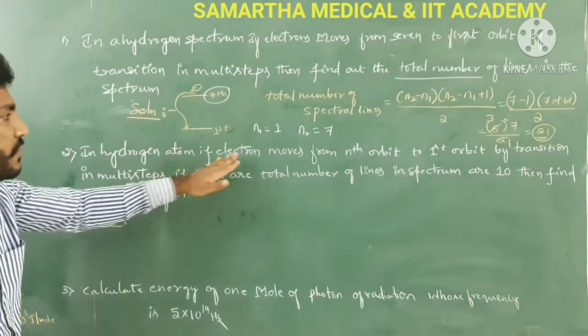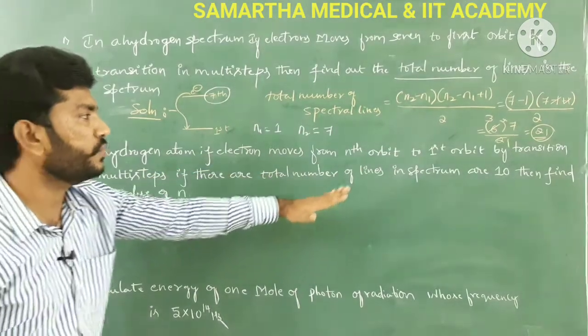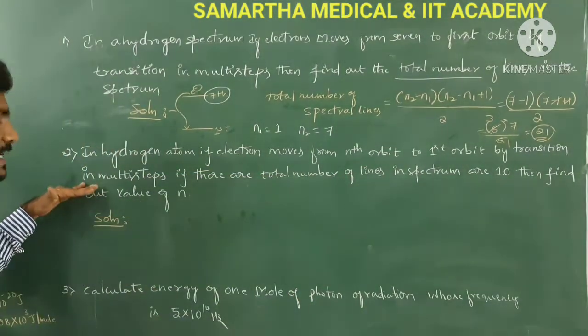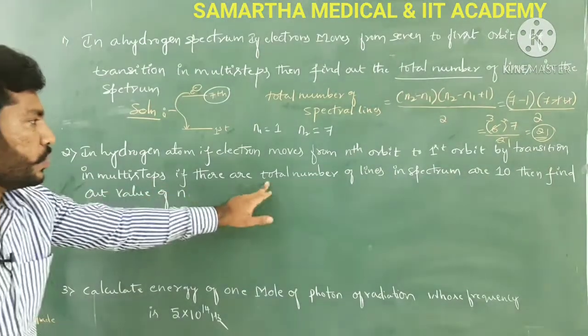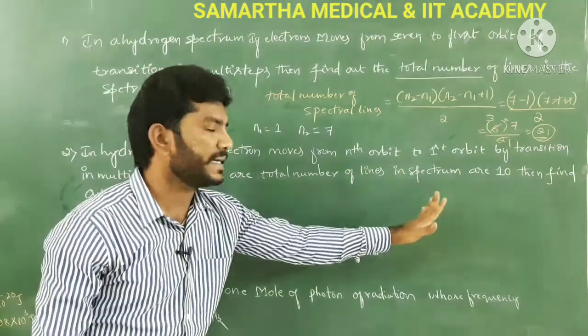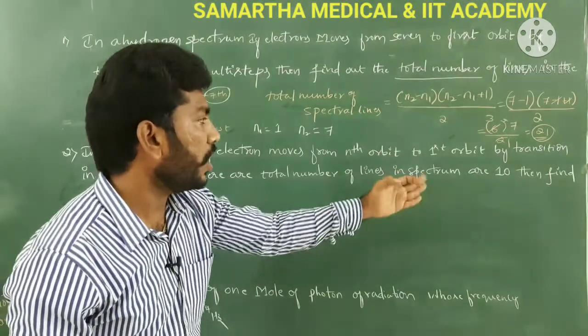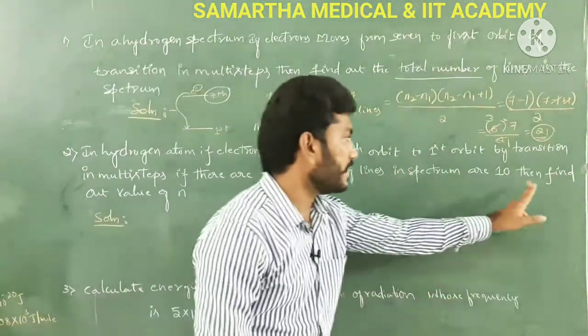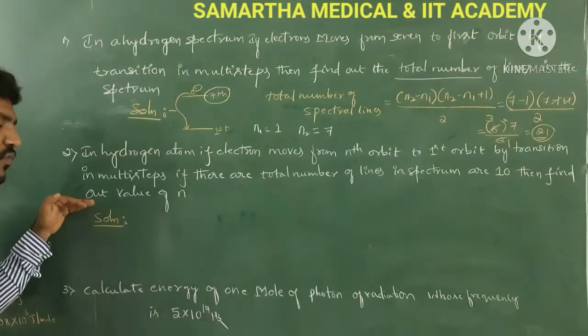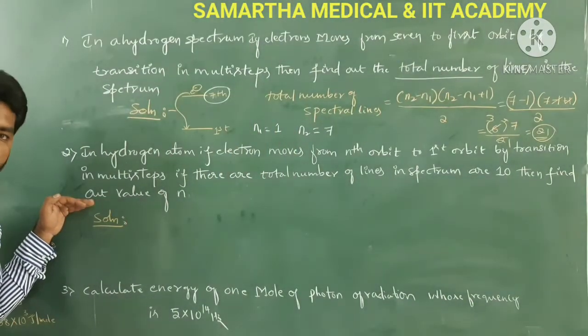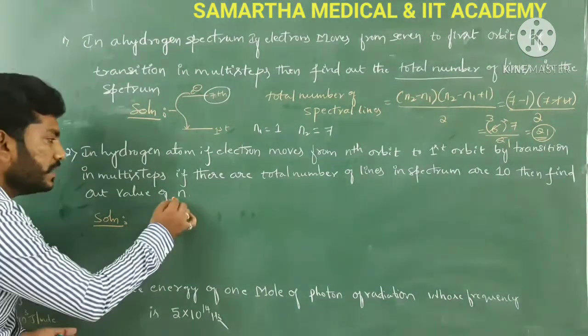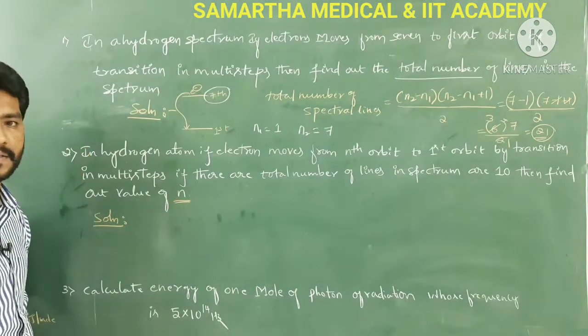If the total number of lines in the spectrum is 10, then find out the value of n.